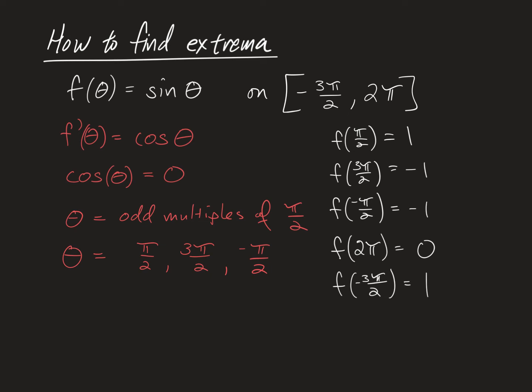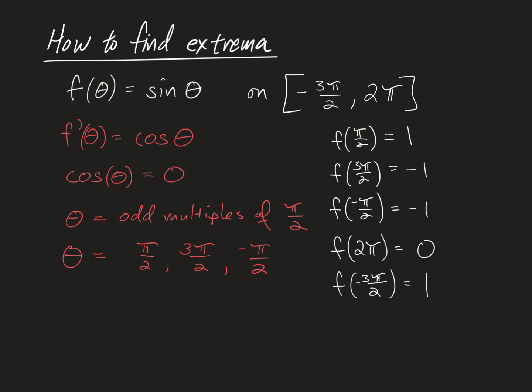So here are all of the evaluations of the critical values and endpoints in the, again, original function. We're using the derivative to find the maxes and mins for the original function. Now, you might notice something strange about these: there are 2 instances of the maximum value and even 2 instances of the minimum value.